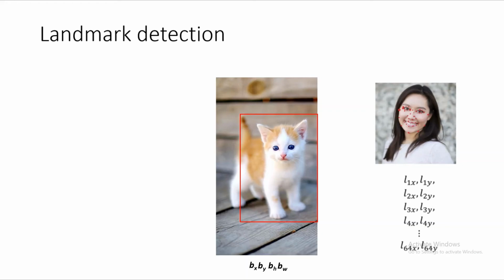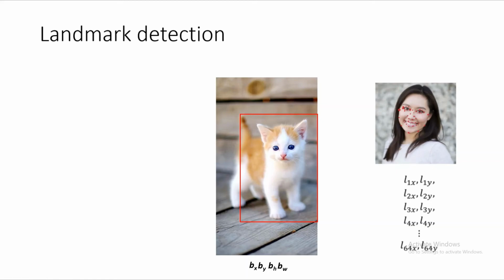Now if we generalize this example, in a more general case we design a neural network which outputs just the x and y coordinates of important points in the image, which we call landmarks. We can use it for generating the x and y locations of key points that we call landmarks. So let's see an example.